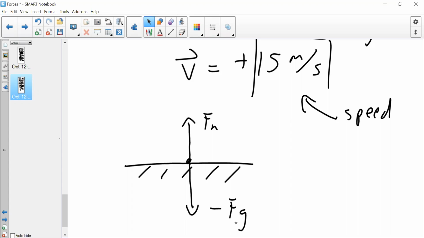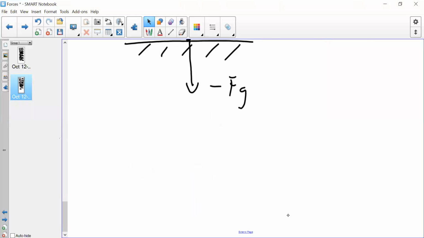Now, this is a quick example of a free body diagram that we're going to go into even more detail on when we get back to our packet. But what we're doing here is taking an object and labeling all the forces that are acting on this object. So what a free body diagram does is it looks at an object and frees the object up.